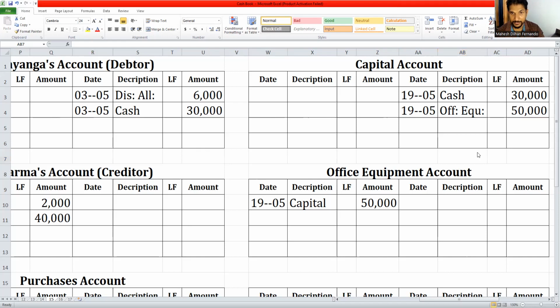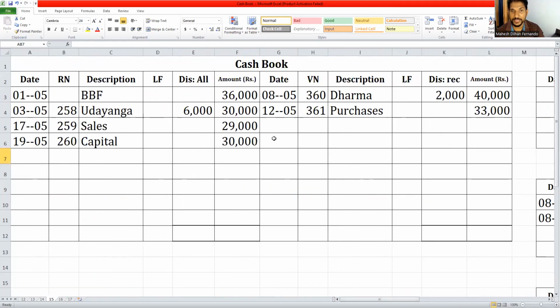And the next is 20th of May, we have paid the salaries. 362 is the number. It is salaries. Payment is 24,000. Cash book credit. Why? It's a payment.